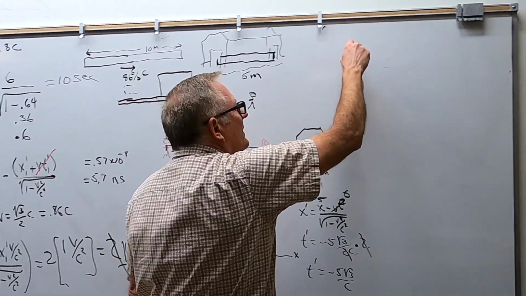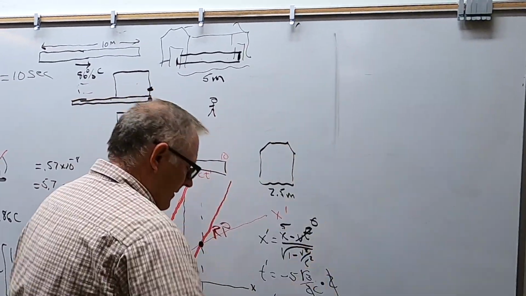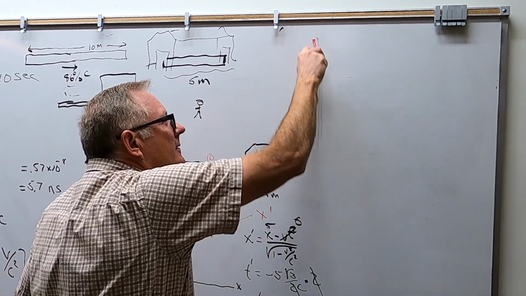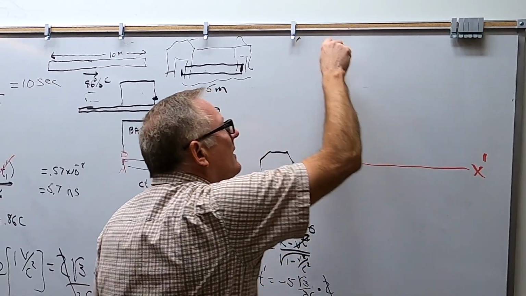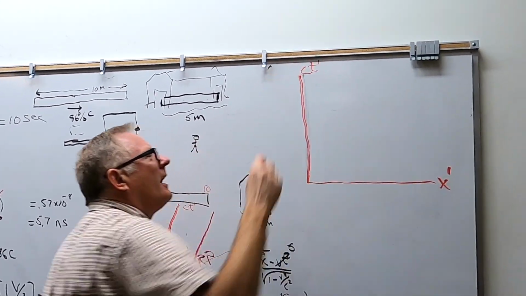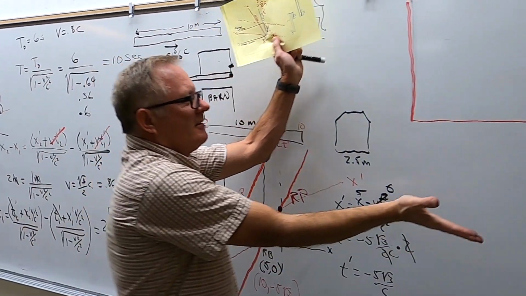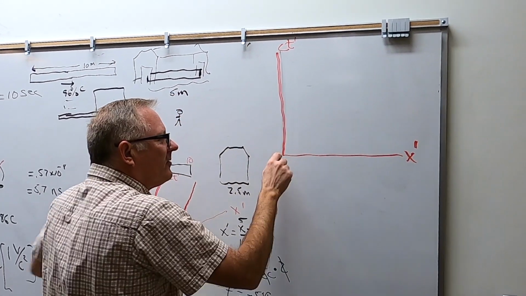From Mary's point of view, I should put her straight up and down. So there's Mary, x prime, ct prime. Frank is moving to the left, so his doesn't move in, it moves out when you go to the left.